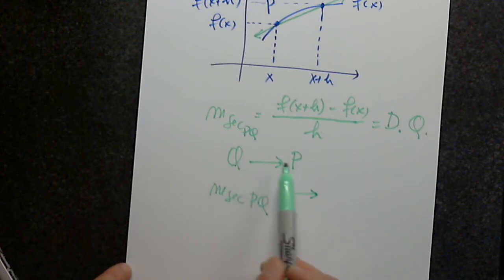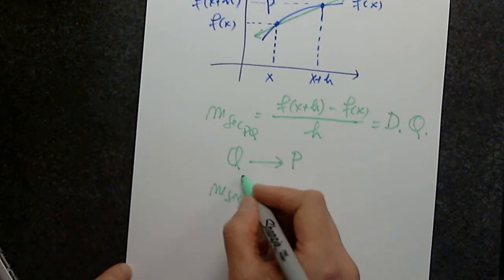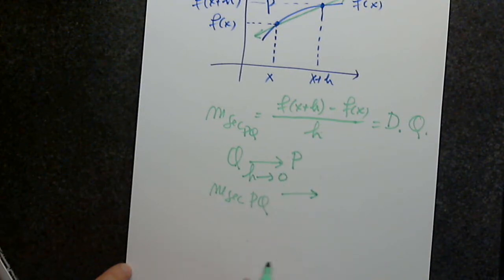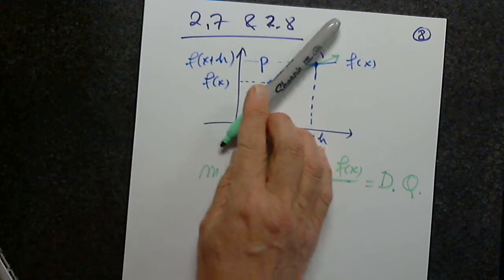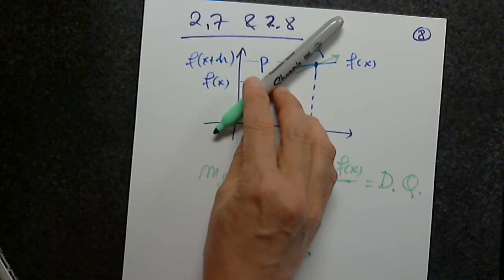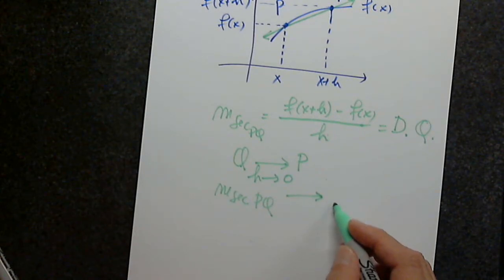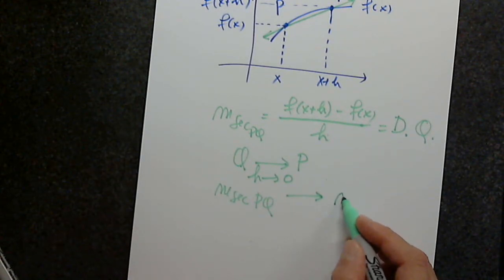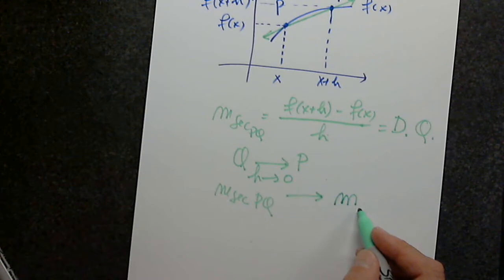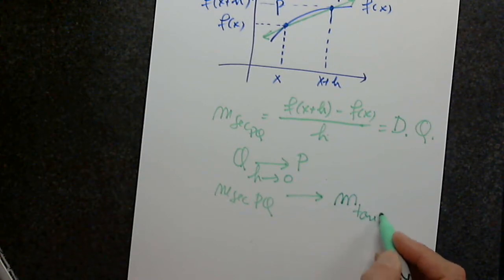So if Q gets closer and closer to P, which means h approaches 0, the slope of the secant line PQ will get closer and closer to the slope of the tangent line at P.